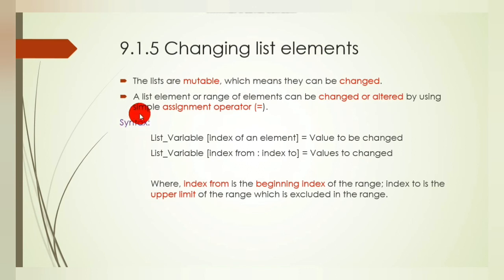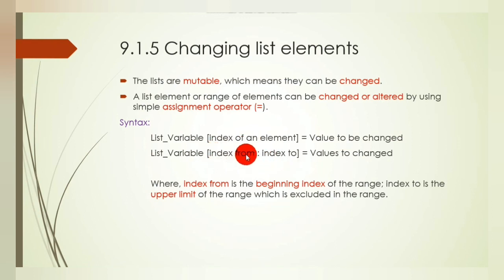Now you can see the syntax of this one. The list variable, within square brackets, you have to specify the index of an element, equal to the value to be changed. So which value you want to change, you have to specify the index value for that particular element, and then specify the value which you want to change it to. And if you want to change a range of values, then you have to specify the starting index value and then the end index value.